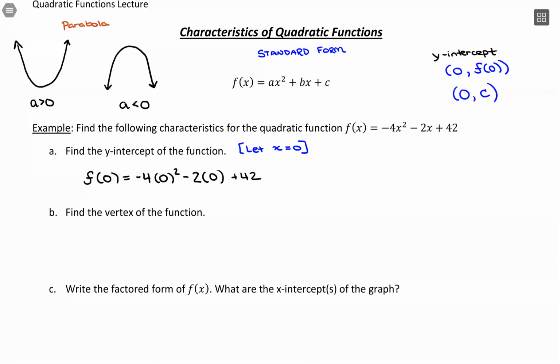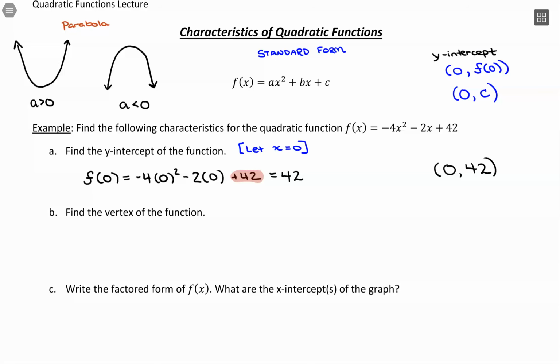After all that solving, we would just be left with that 42. So in the standard form, we just have c. With that, we have a y-intercept where x is 0 and y is 42, so we get a coordinate to draw.